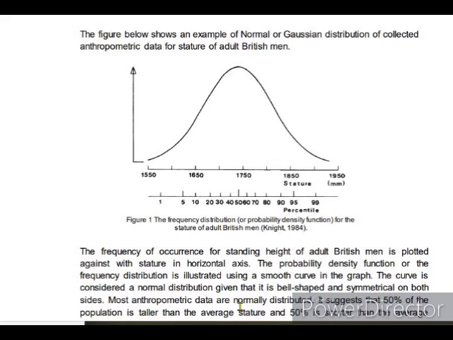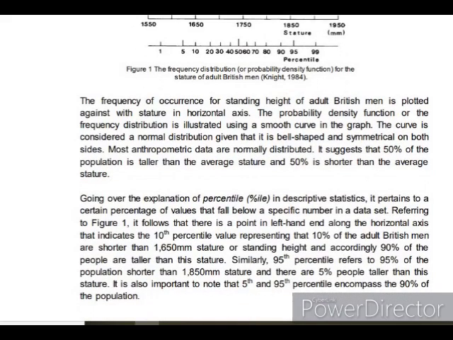Remember our topic in statistics. It is bell shaped and symmetrical on both sides. It is symmetrical because it's like a mirror. When you separate the right side and the left side, they will be equal. They are symmetrical.